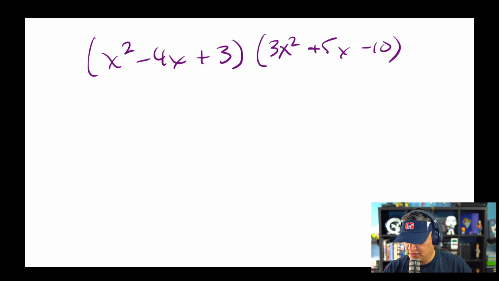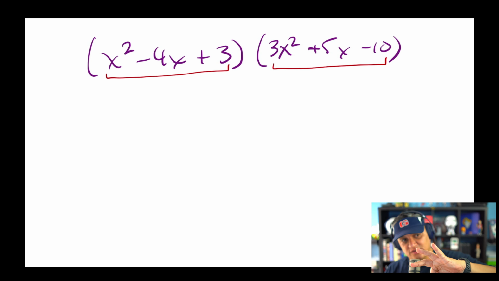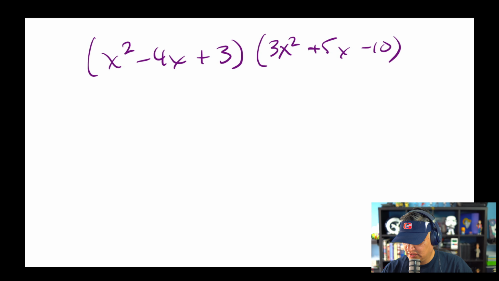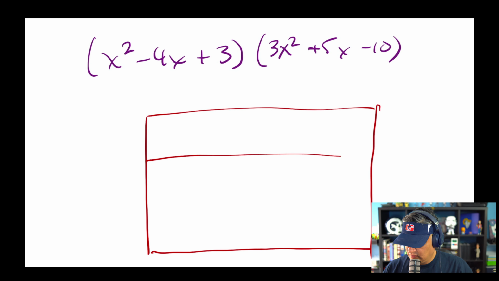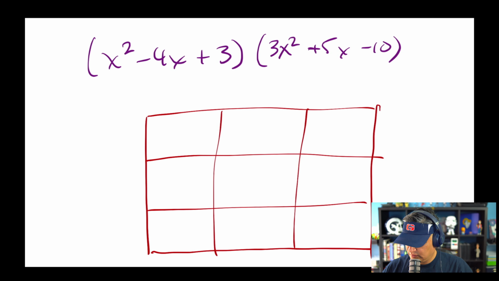Okay, so if you notice, I have a trinomial and a trinomial. I have 3 terms and 3 terms. So I'm going to make a box that's 3 on one side and 3 on the other. So I'll make a box like this. 1, 2, 3. 1, 2, 3. So on one side of the box, I'm going to put one of the polynomials.